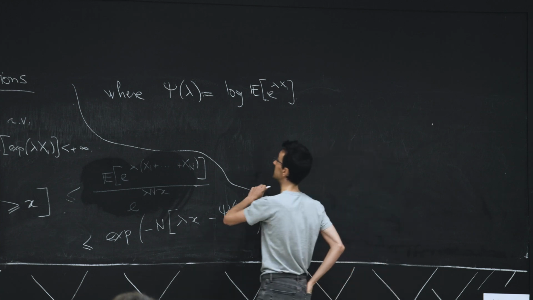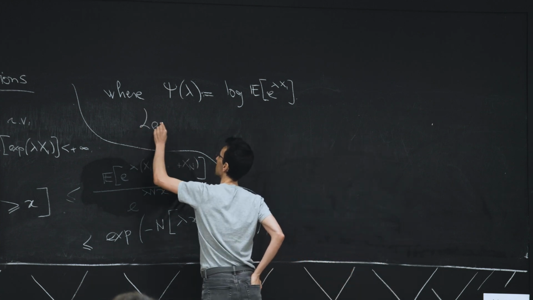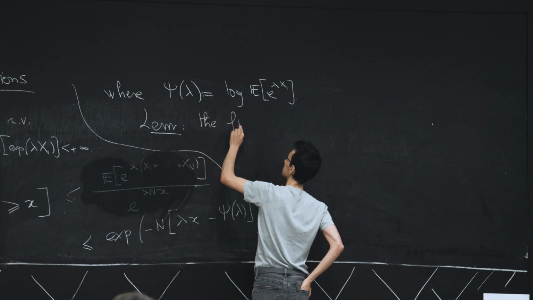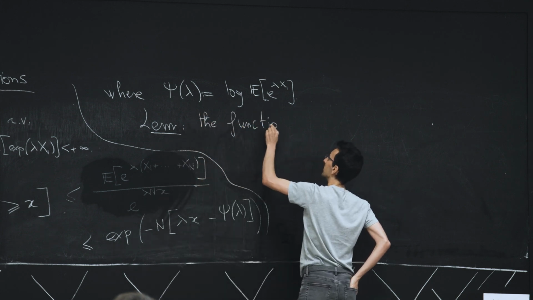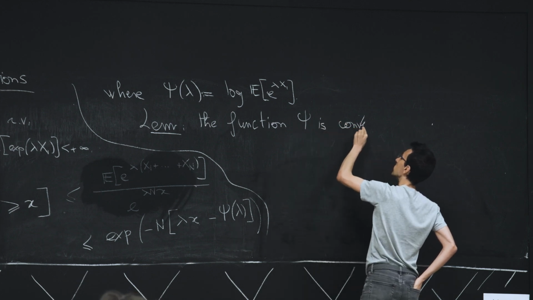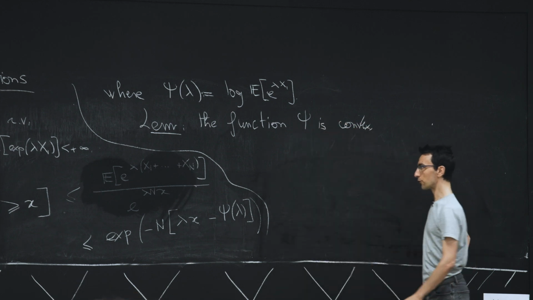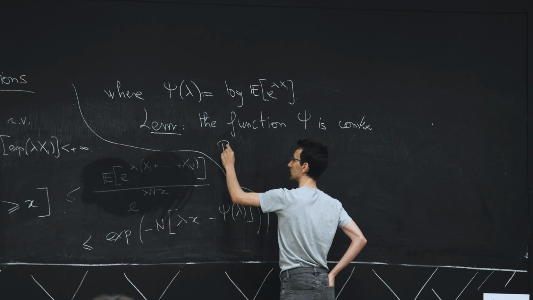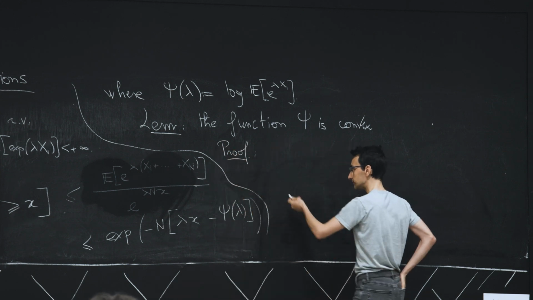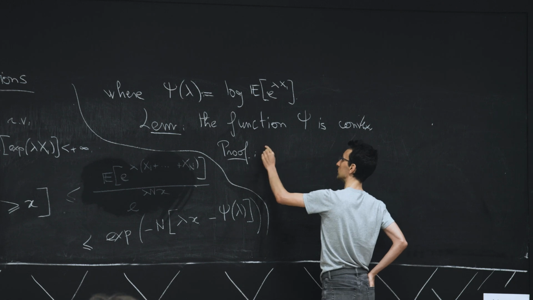So this is also an easy exercise, but it's a lemma. The function psi is convex. So I'm going to give you a proof because I'm going to use this fact a lot of times. And the proof is very short. So what do I do?